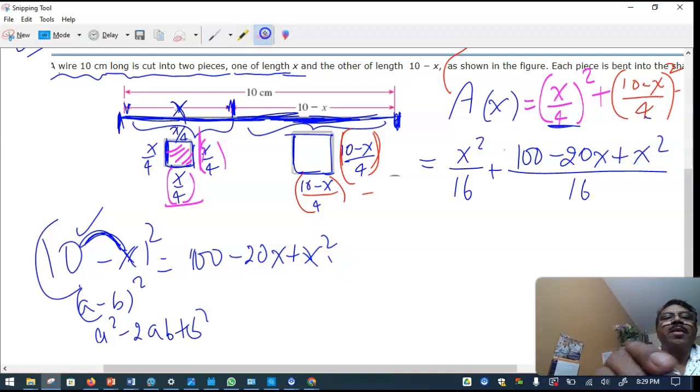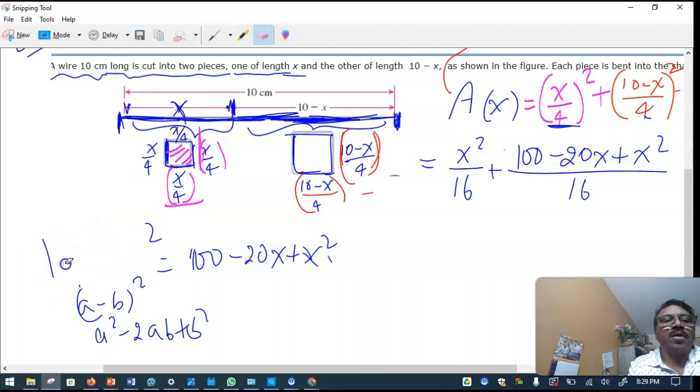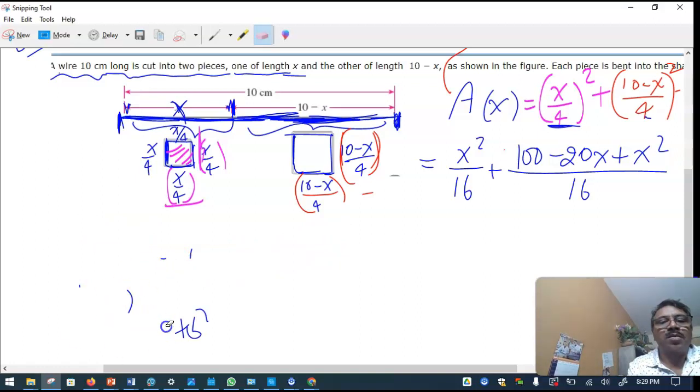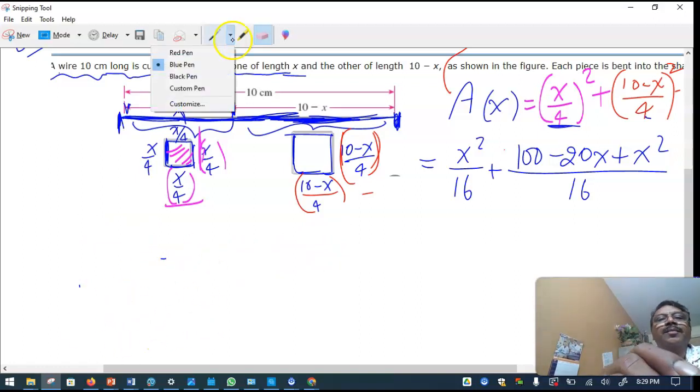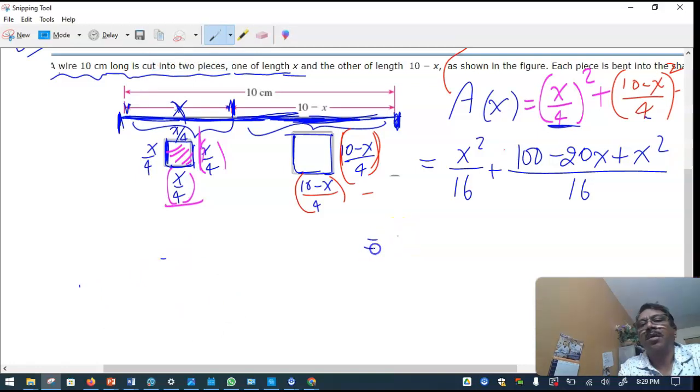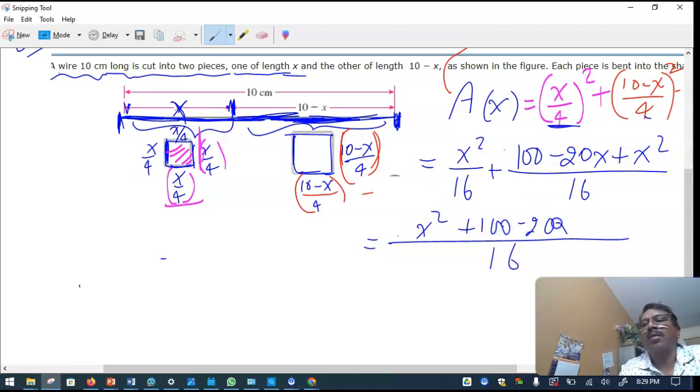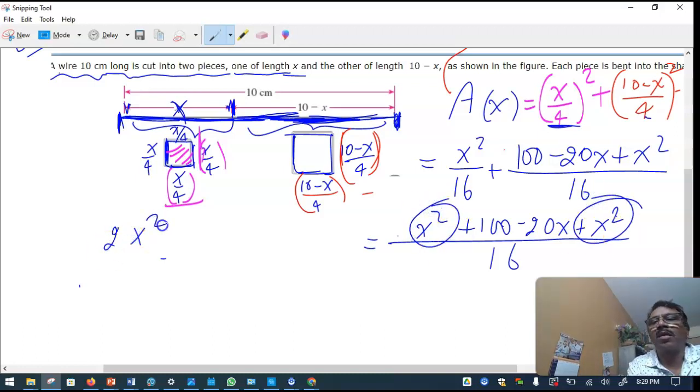And you see the denominator is the same, so we can have a common denominator and add up the numerator. So this will be the common 16 here. So this is x squared plus 100 minus 20x plus x squared, which will be 2x squared minus 20x plus 100, divided by 16.